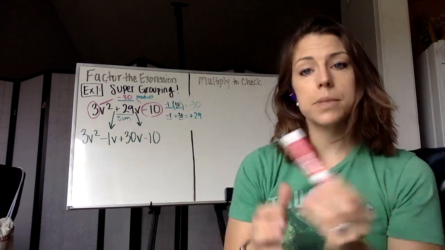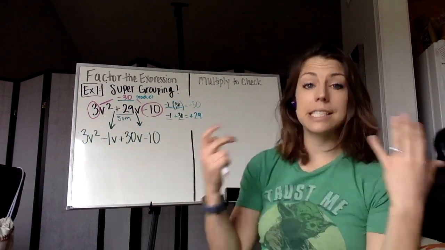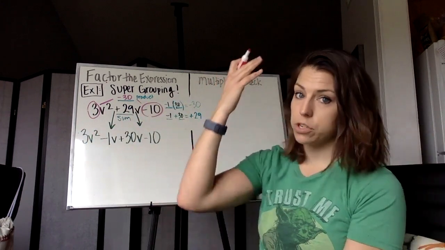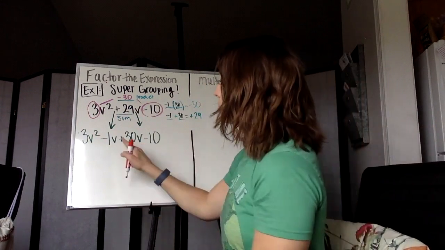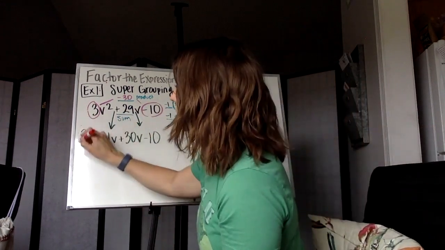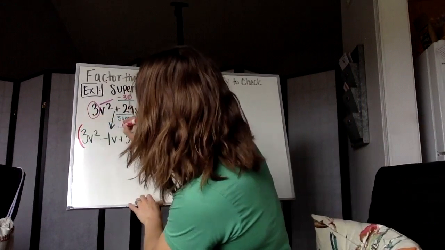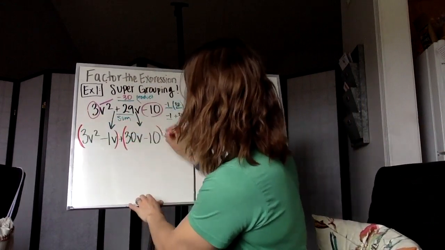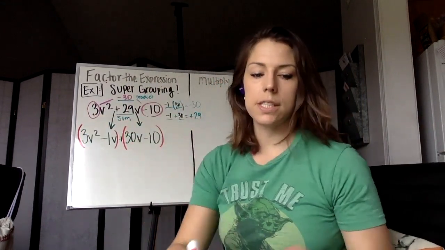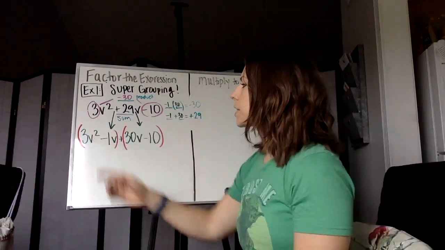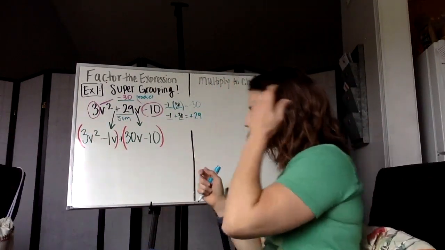Now that it's in 4 terms, let's go through our grouping, which we just did in part 3. So it should be fresh on our mind. Step 1, grouping. Luckily it's addition, so I know I can just put my groups in. Step 2, GCF. What's the greatest common factor of 3b squared and negative 1b?